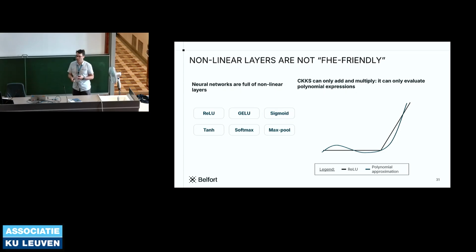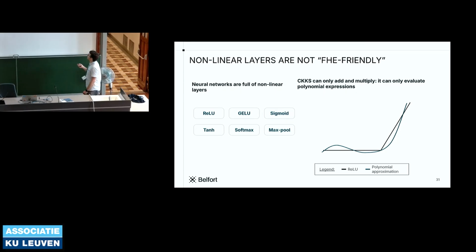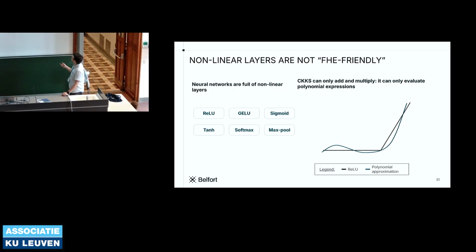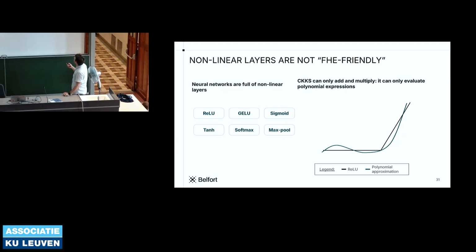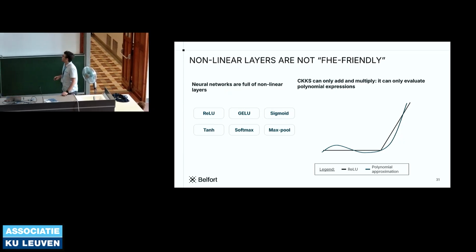Because the only things I can do are addition, multiplication, and rotation. So the way out is to do polynomial approximation, because a polynomial I can evaluate with only addition and multiplication. I'm going to use a polynomial on a bounded interval where it doesn't diverge, where it's not too far away from my ReLU function, and that's what I'm going to use for computing the ReLU. But that's going to introduce some error, of course.